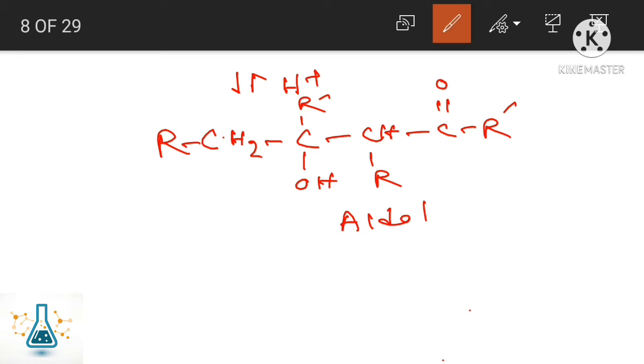Now if there is a dehydration step, then we can get alpha beta unsaturated carbonyl compound. So what will happen? This OH group will be protonated.